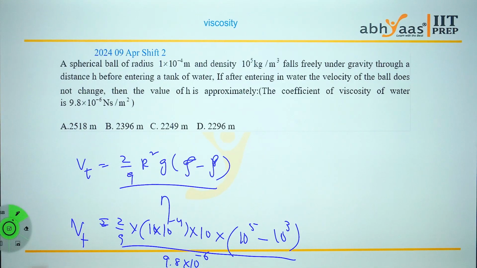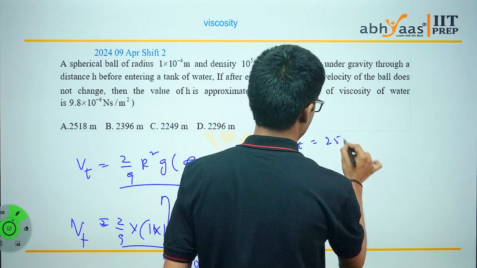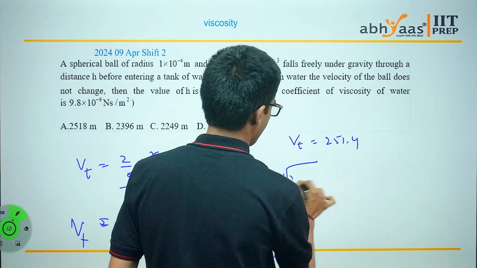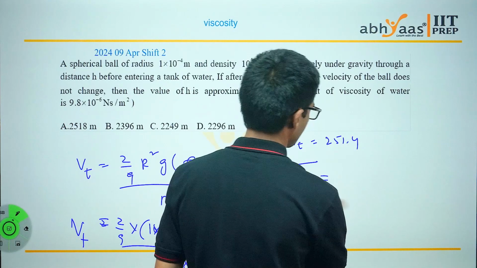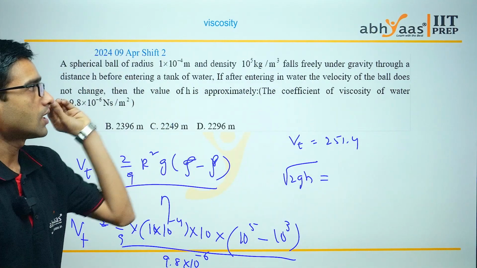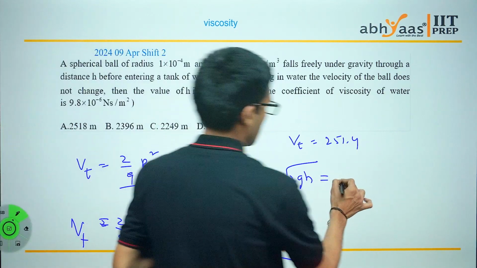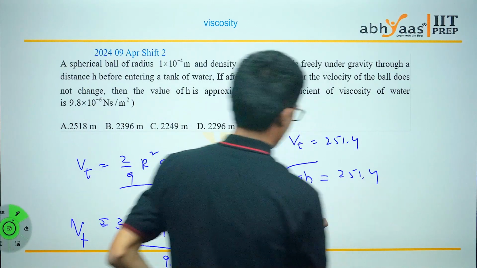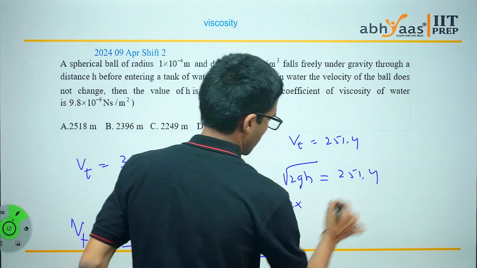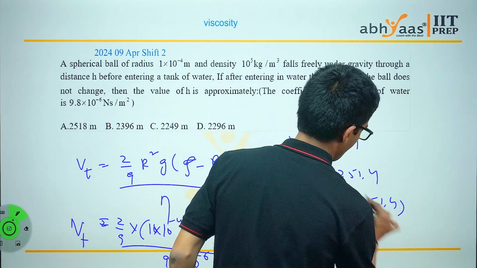If you calculate Vt, it is around 251 something you will get. So then if you take this one as 2gh, root 2gh, you know that. So the ball is coming down, right? Does not change. So terminal velocity 251.4. So 2 into 10 into h is equal to 251.4 square, something you will get.